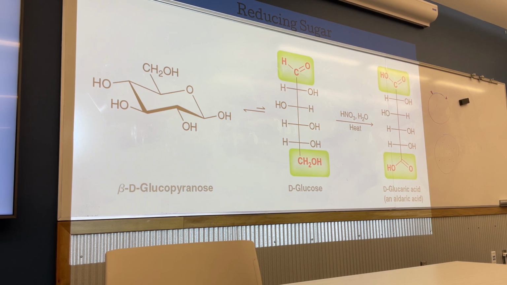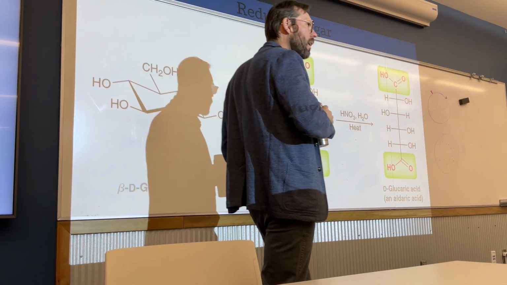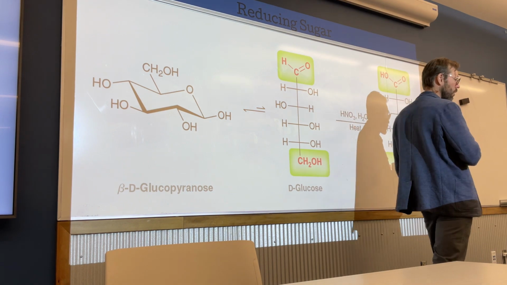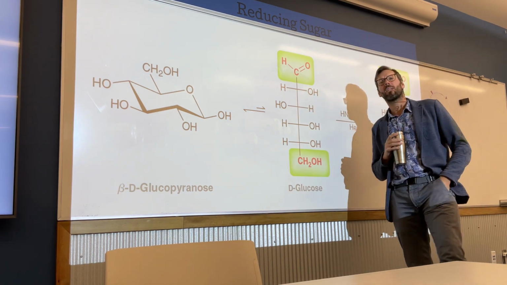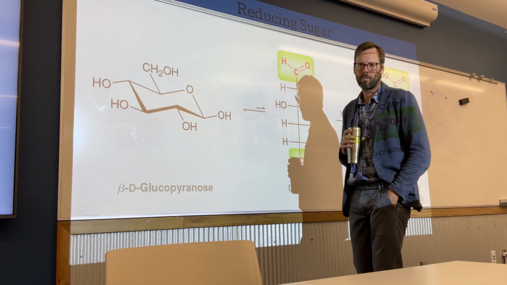But rings do open, and when they do, if they are an aldehyde, they can be oxidized into essentially a carboxylic acid. So we go from glucose to glucaric acid or aldaric acid, and that is a reducing sugar. If it's a ketone, not going to happen.